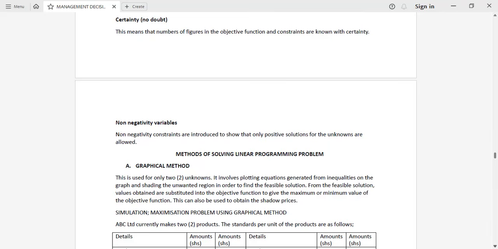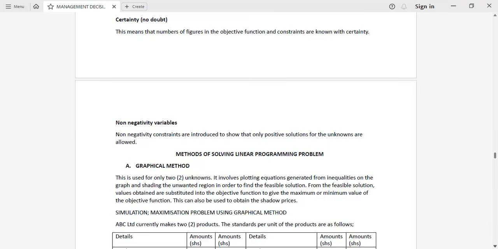Then the last one maybe you can look at is the non-negativity variables. These non-negativity variables or constraints, we are always going to introduce them, and we are only using positive values.